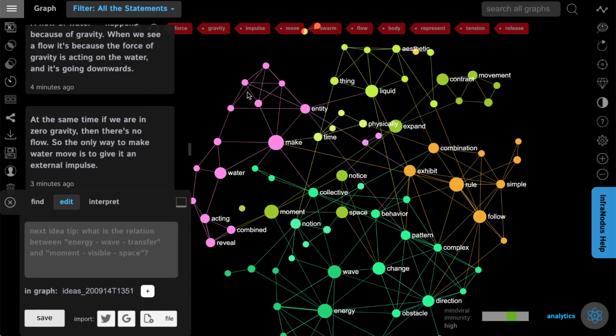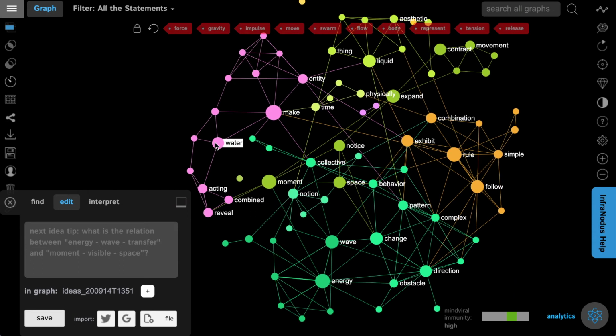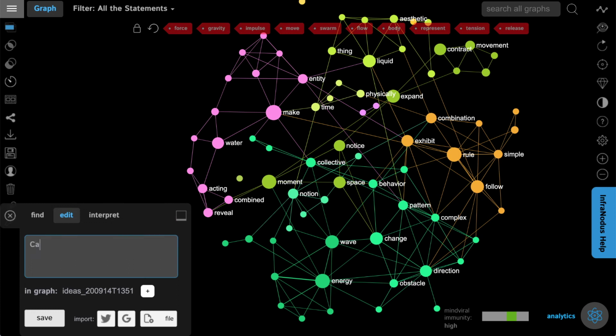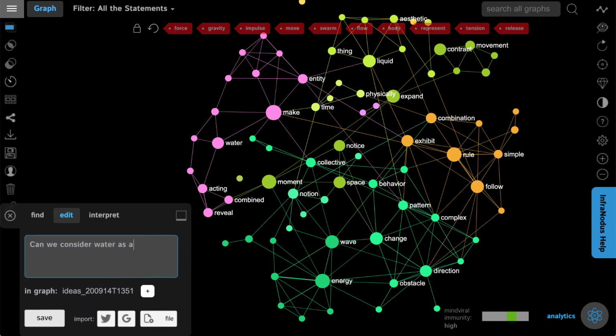So maybe now, as I don't have any more ideas to generate from this, maybe apart from making some new connections. So for example, here I saw water, and I thought, okay, can we consider water as a swarm of molecules?